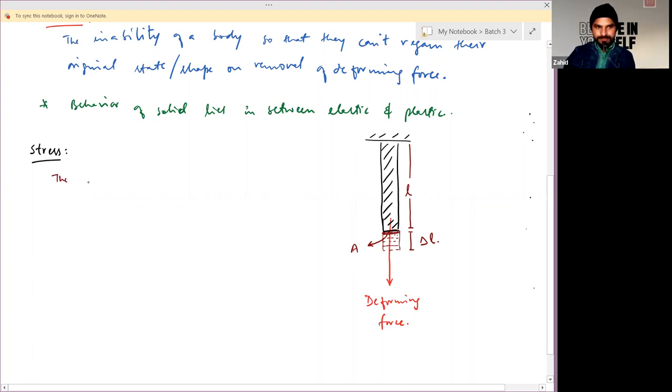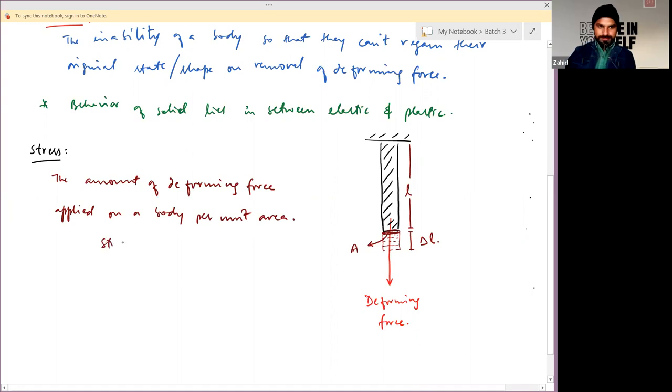So stress is the amount of deforming force applied on a body per unit area.